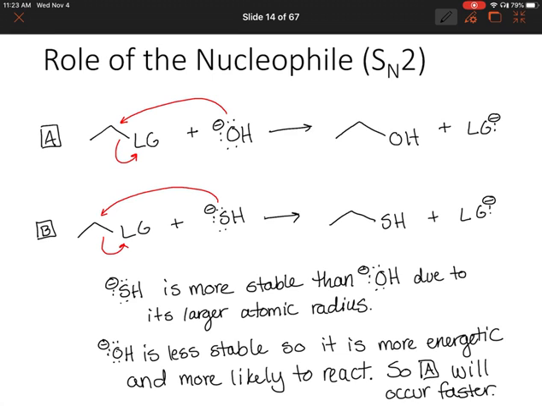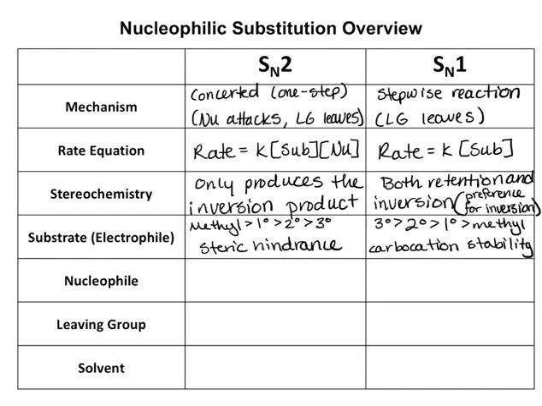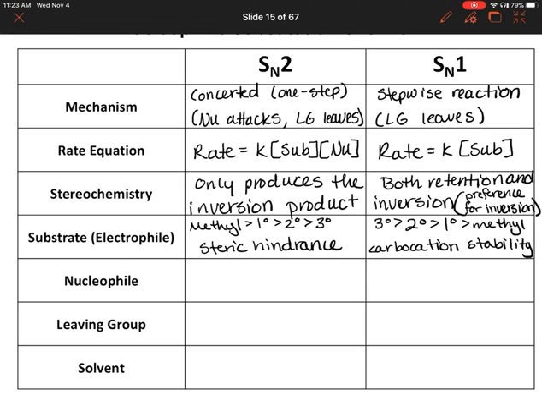All right, so we saw a couple of different examples of how a nucleophile can affect the rate of an SN2 reaction. But let's go to our summary table that we had started to fill out last time. Let's write down how a nucleophile affects the rate of an SN2 reaction and the rate of an SN1 reaction. Now, for SN1, we said that the nucleophile doesn't matter because the rate of the reaction does not depend on the nucleophile.